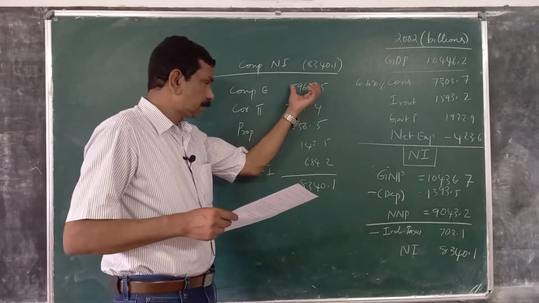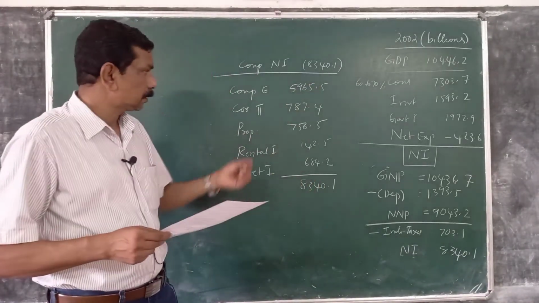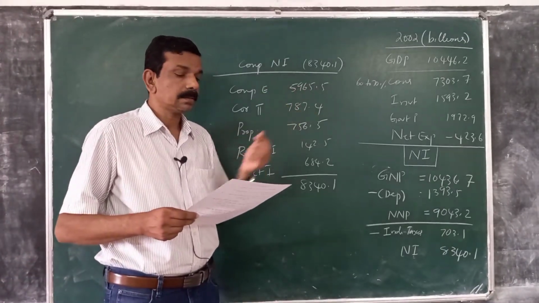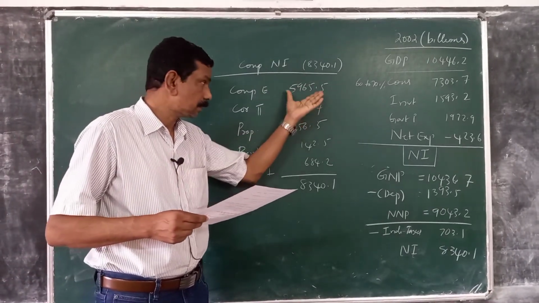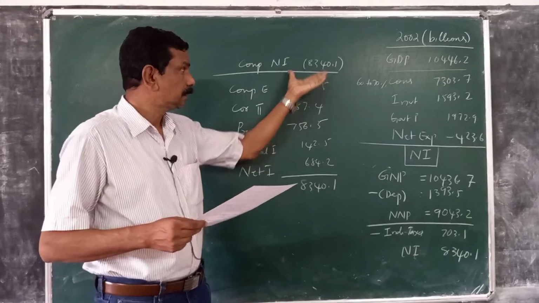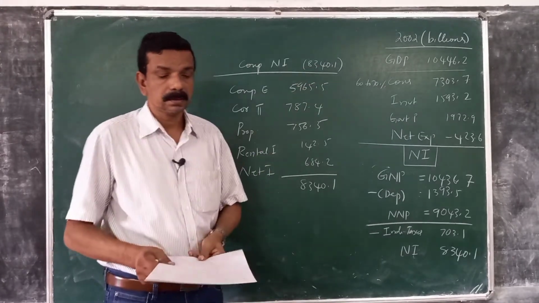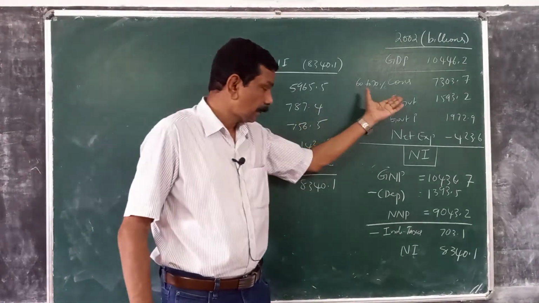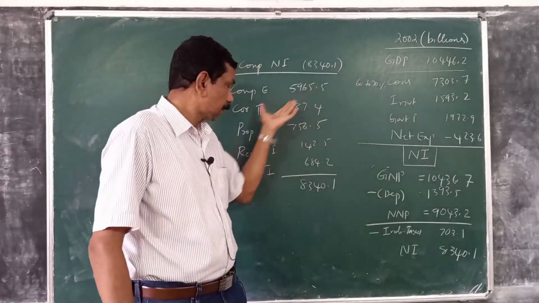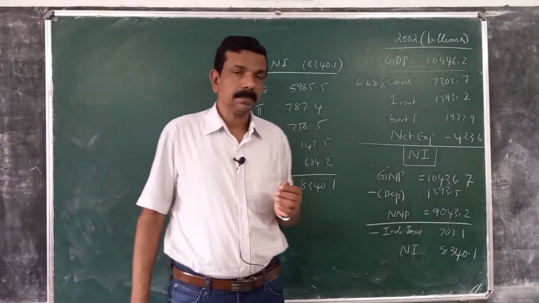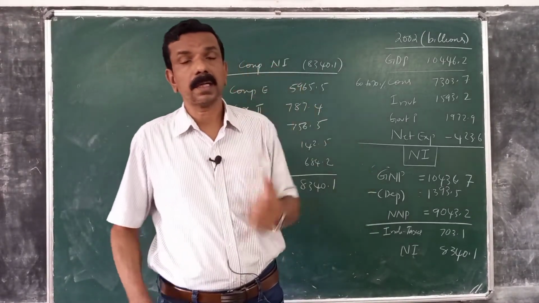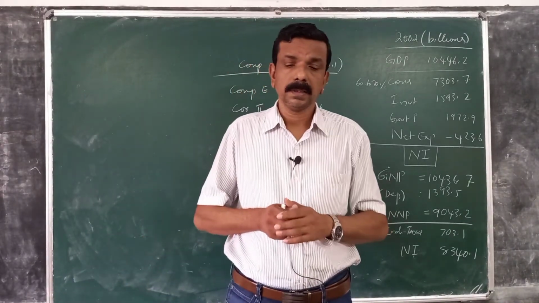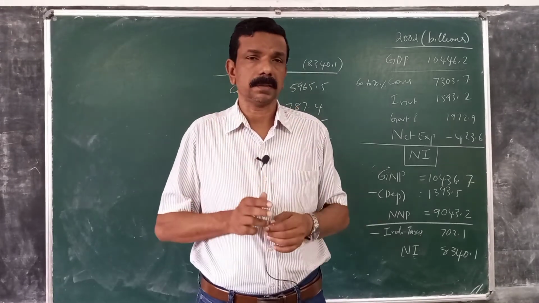Of this, the most important component is compensation to employees, constituting 70% of national income. When we study aggregate outputs, we will not consider each and every item, but for someone who is calculating national income, each and every item will be considered.